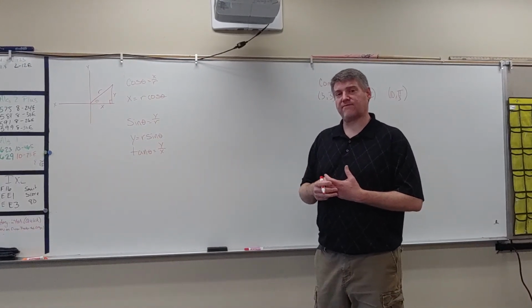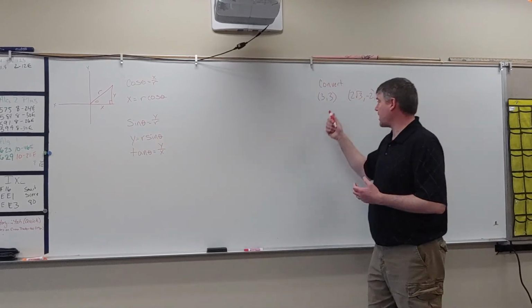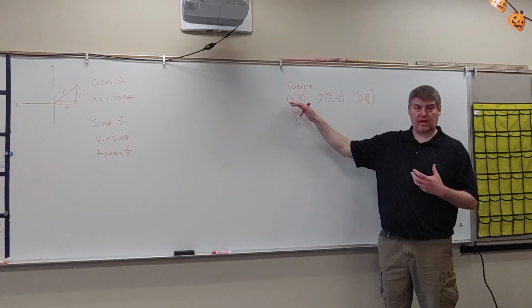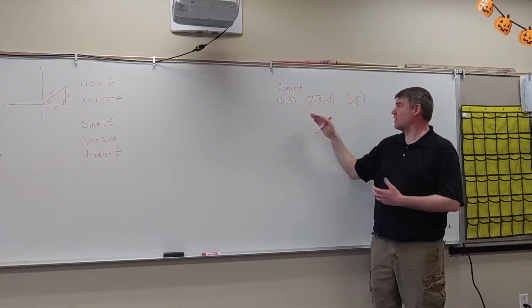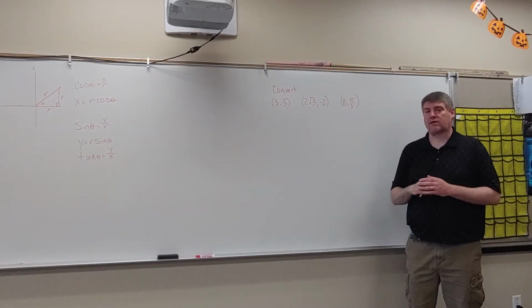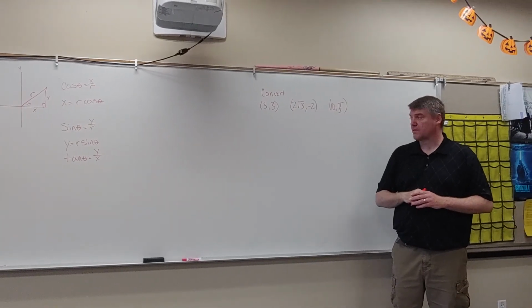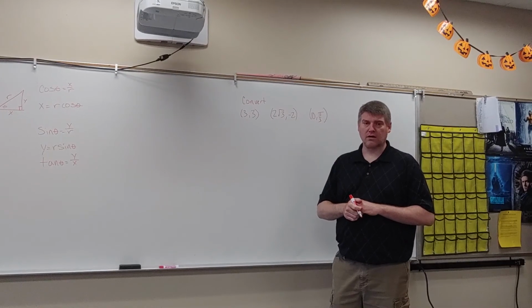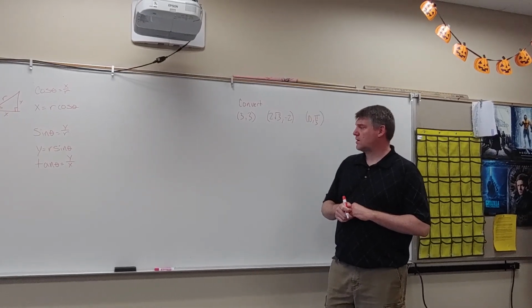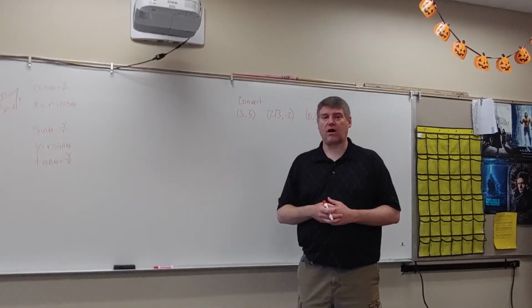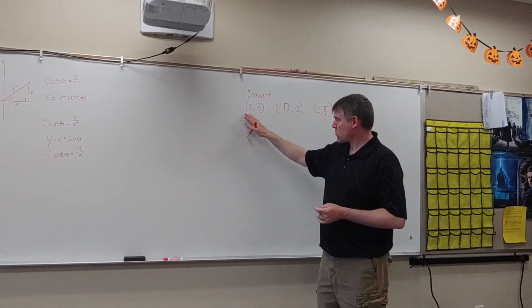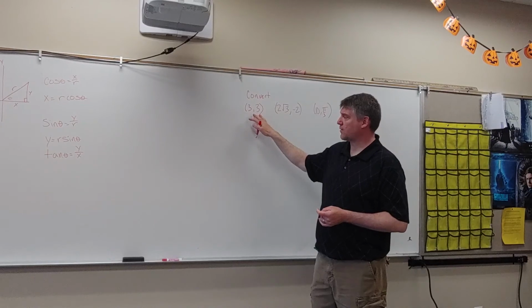So first we're going to look at converting. We're going to convert from rectangular coordinates to polar, and then here we have a polar coordinate that we're going to convert to rectangular. Okay? So the first thing I need to do is find my r, and I want to find my theta. So here I have 3, 3.